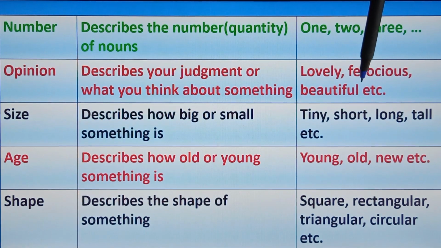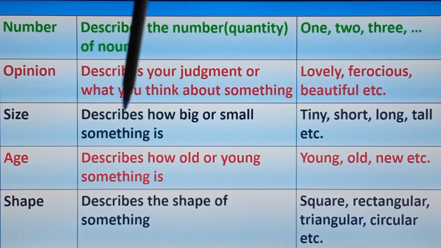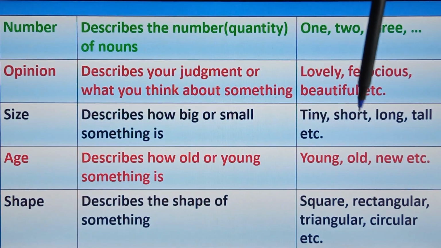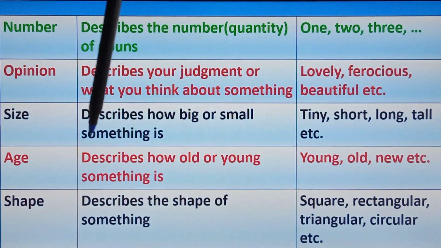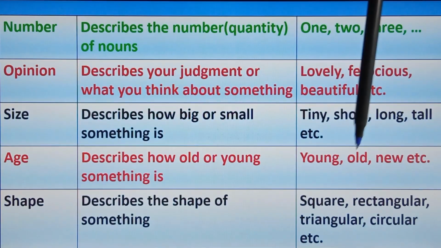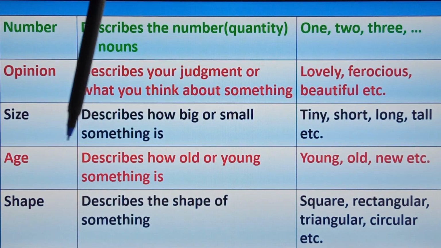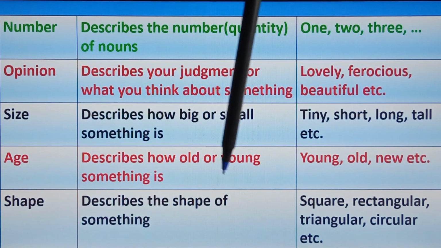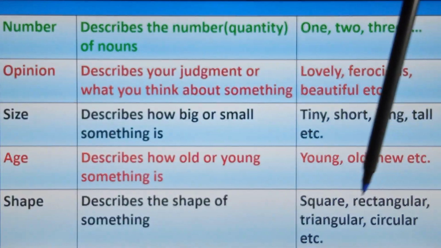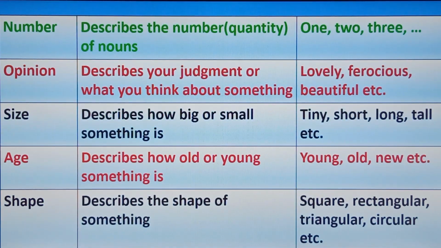Size describes how big or small something is: teeny, short, long, tall, etc. Age describes how old or young something is: young, old, new, etc. Shape describes the shape of something: square, rectangle, triangular, circular, etc.